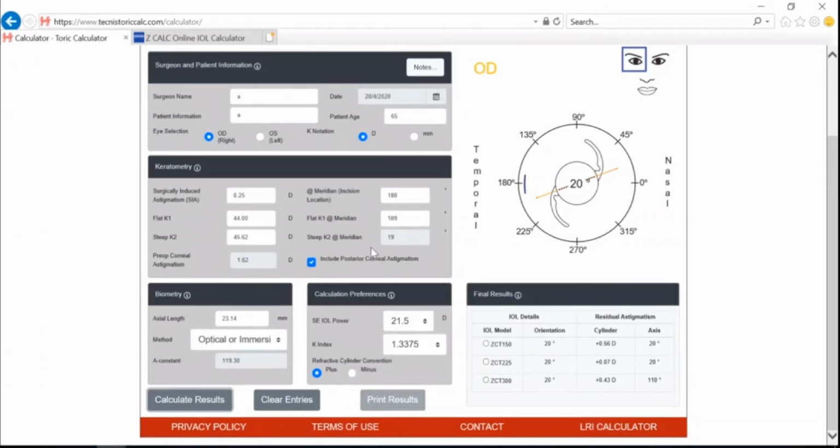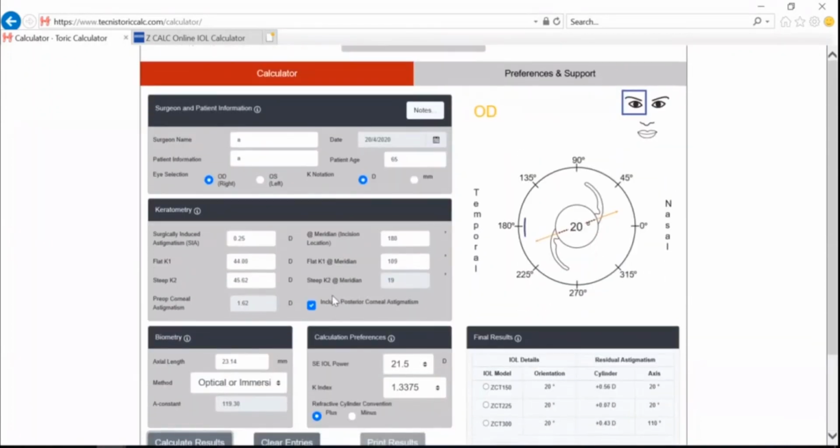Now when you add posterior corneal astigmatism against the rule to what was already against the rule, the total amount of astigmatism required for correction is much higher. So that is why you see here, previously without PCA, we were overcorrecting the astigmatism, but when you include PCA, we are now not overcorrecting it. We are slightly undercorrecting it with the same ZCT225 lens, right? So this does work.